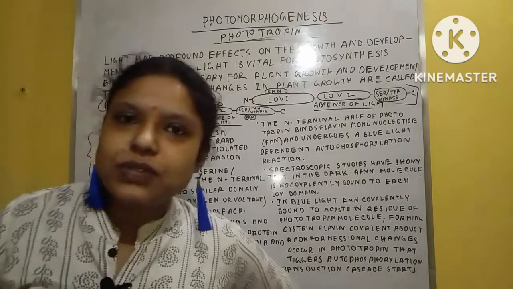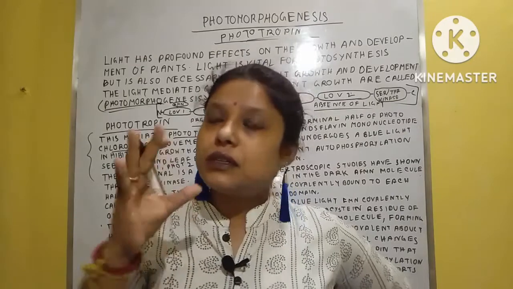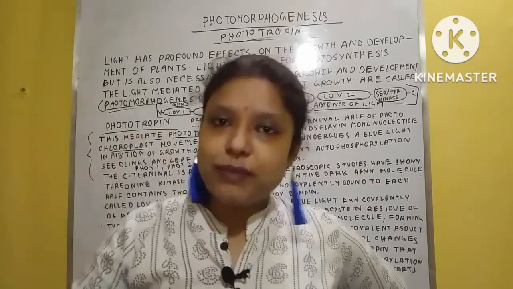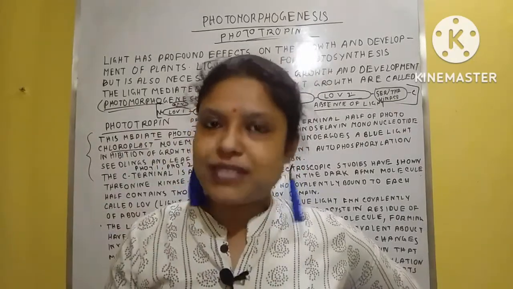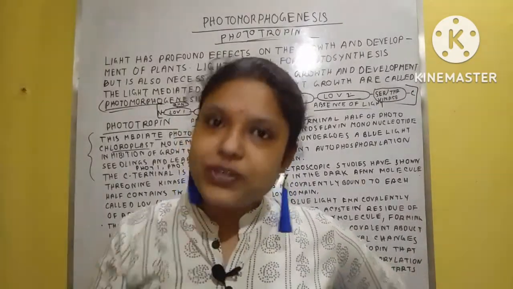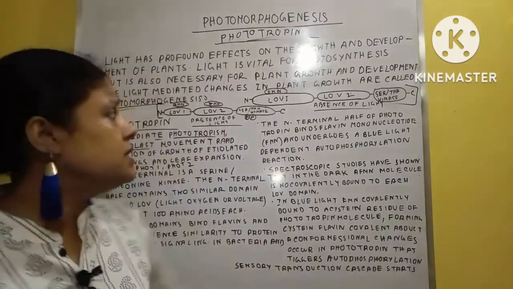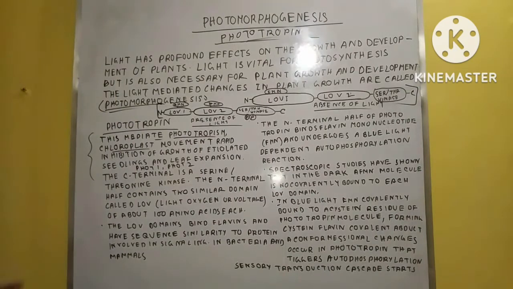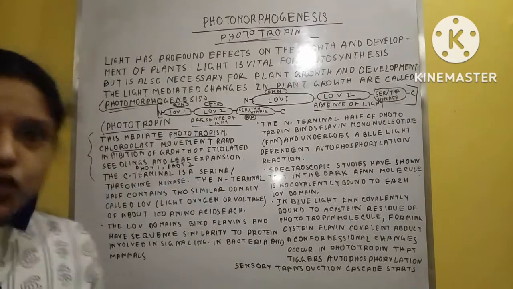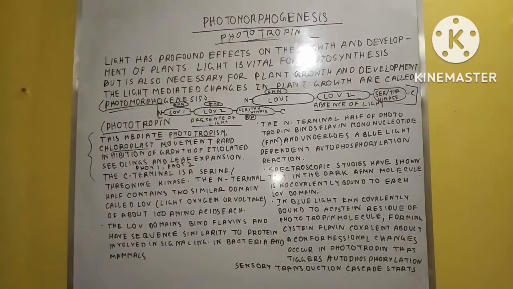You all know that the chloroplast of the plant's body can absorb a particular wavelength of light, and if this wavelength or more than this is absorbed by the chloroplast, then damage occurs. So this is the important role of phototropin: it controls the shifting of the chloroplast according to the light intensity.